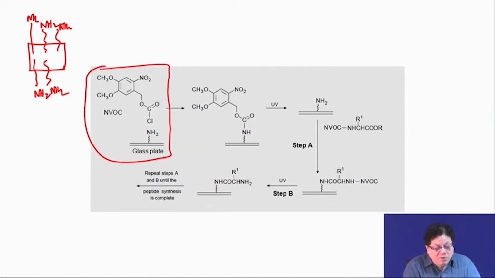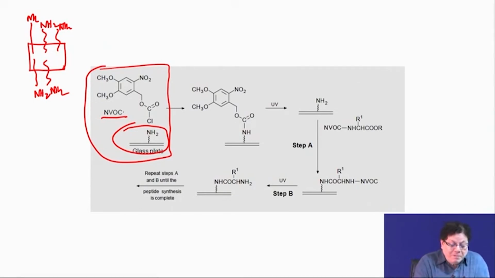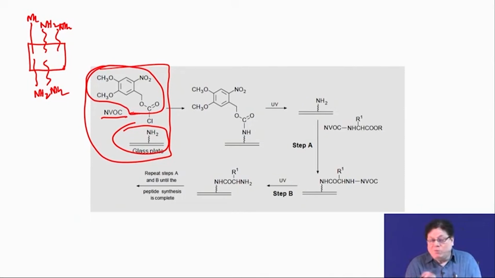What he did, that is glass plate with NH2, you react with a molecule which is called N-veratryloxycarbonyl. This group is what is called N-veratryloxycarbonyl, like your BOC, the butyloxycarbonyl.